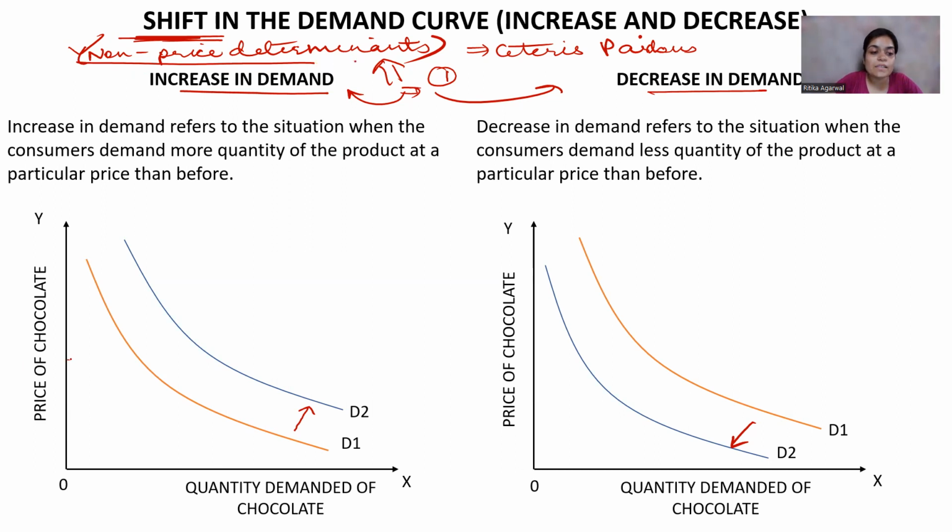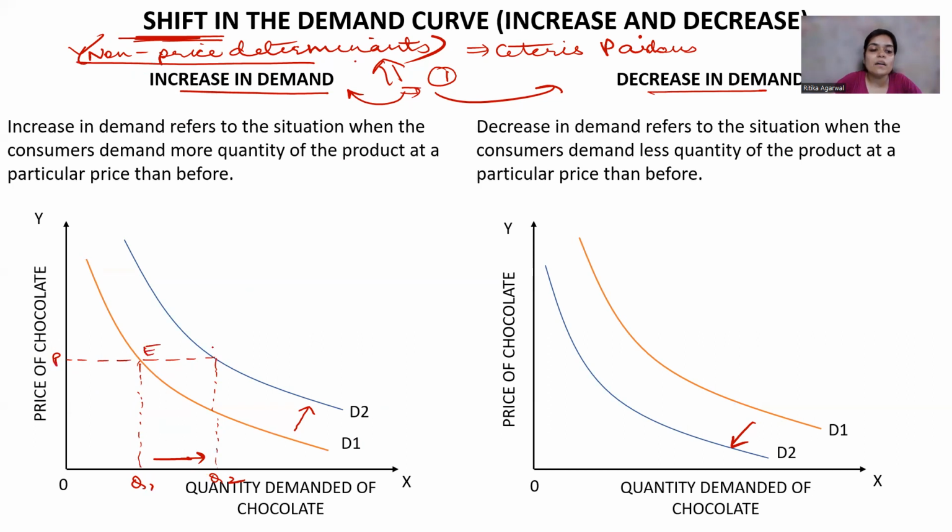That means the prices are equal, that is, prices remain stable. The only thing that is changing is the quantity demanded. Now, if we consider this hypothetical example here, these are the prices, and this is quantity 1, quantity 2. Because there's an increase in the demand curve, or you can say demand, the quantity demanded will also increase.